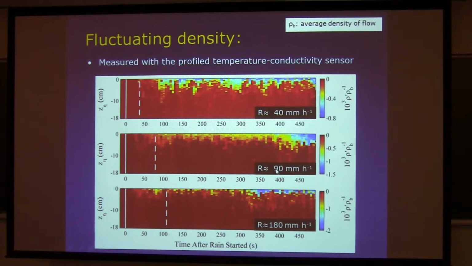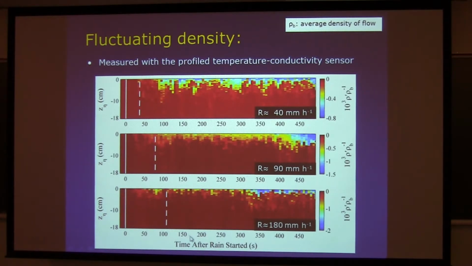At 90 millimeters per hour rain rate, the scales do fluctuate. This is 0.8 scale, 1.5 and 2. At 90 millimeters per hour, the density changes are stronger, still about 5 centimeters in depth, and increase significantly over time.